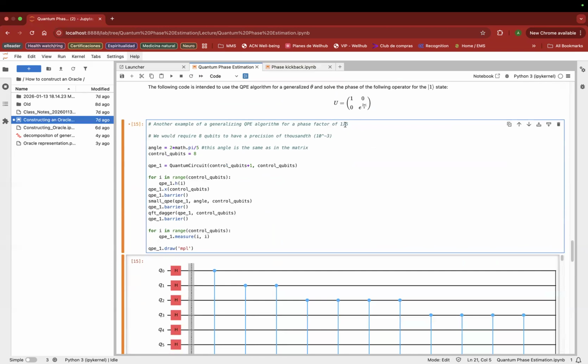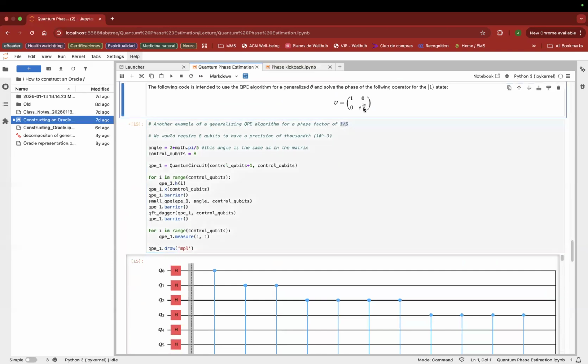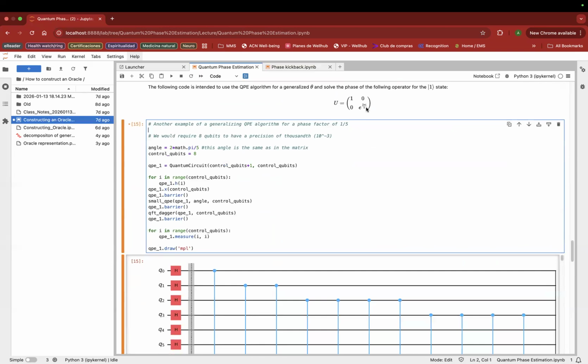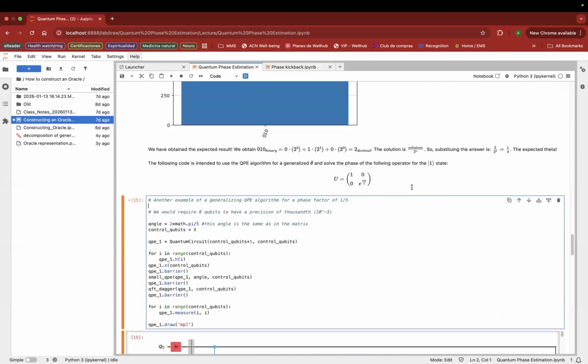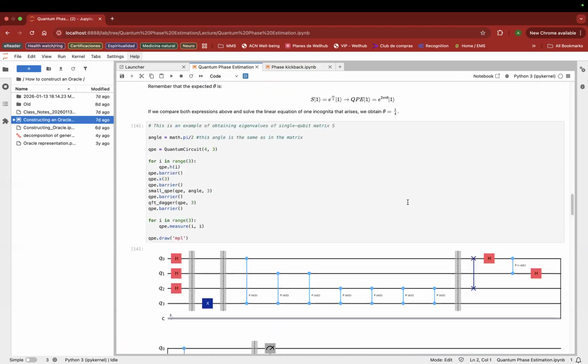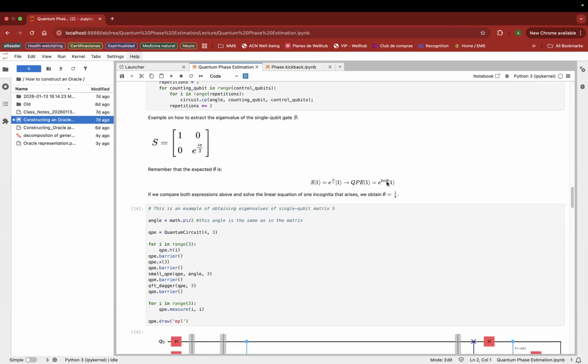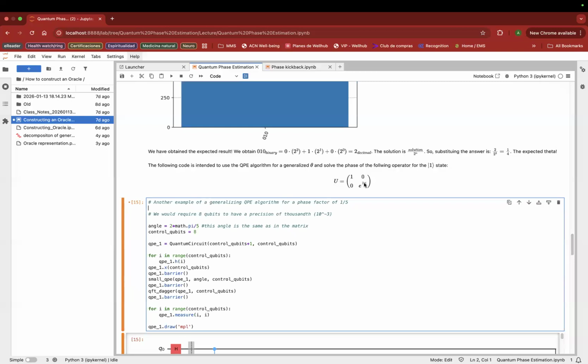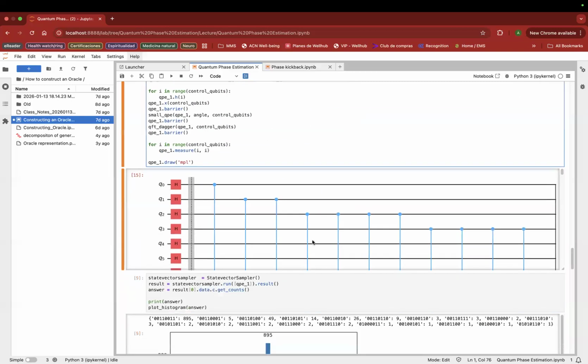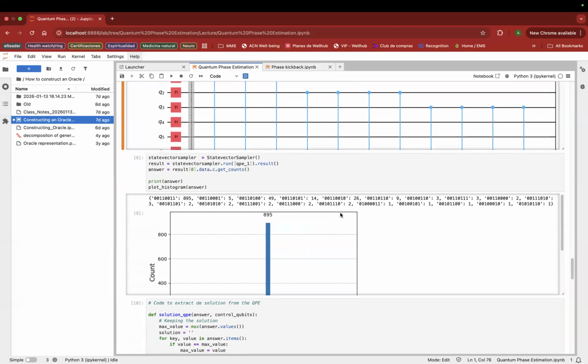But coming back to the point, we have this general fact where we want to get that. In that case it is 1 divided by 5, because I prepared that in a general way. Remember, it's those 2 pi theta. So theta is everything going out of 2 pi, and this is 2 pi divided by 5. So it's 1 divided by 5. We create this circuit, we execute it.